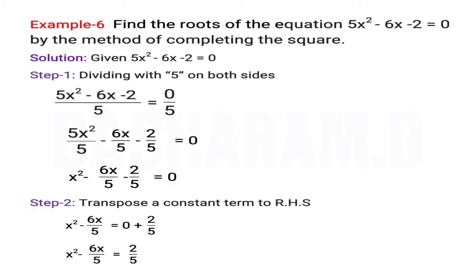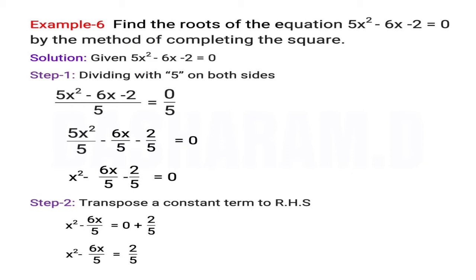Example 6. Find the roots of the equation 5x square minus 6x minus 2 equals 0 by the method of completing the square. Coming to the solution, the given quadratic equation is 5x square minus 6x minus 2 equals 0. We need the coefficient of x square to be 1, but here the coefficient of x square is 5.